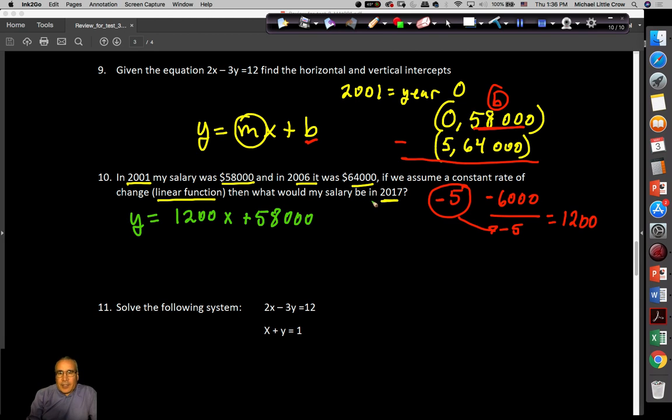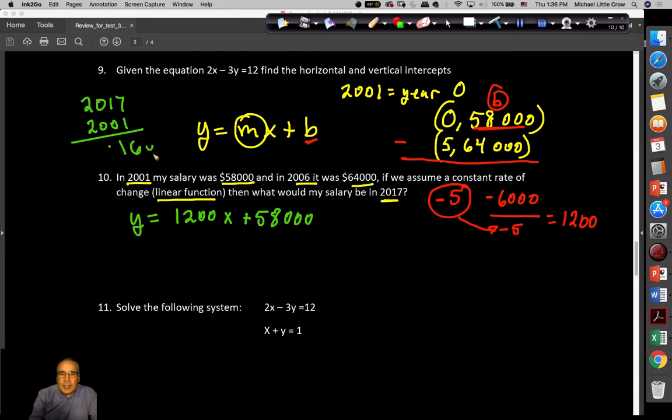Now to find our salary in the year 2017, we have to find out how many years it is from 2001 to 2017. And again, that's a difference type problem. What is the difference between 2001 and 2017? If we just subtract, 1 from 7 is 6, that's 1, that's 0, 0.